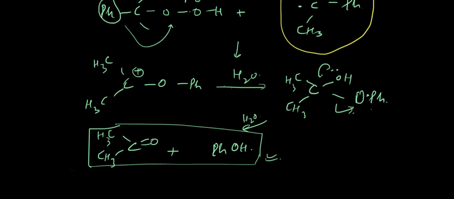Or rather, the phenoxide will take H plus from the acidic medium which we are providing as H3O plus. Okay, let me write it down clearly. It will take the H plus from the acidic medium only.